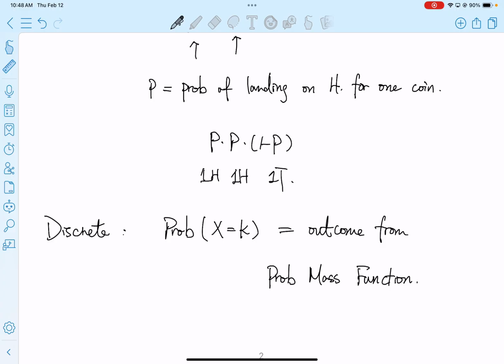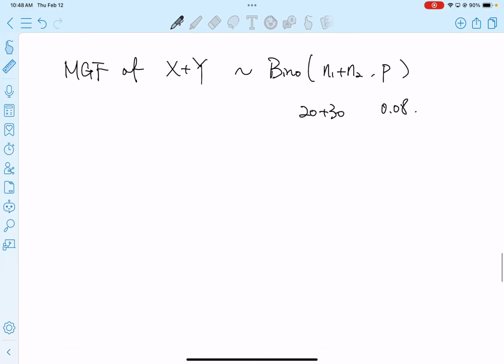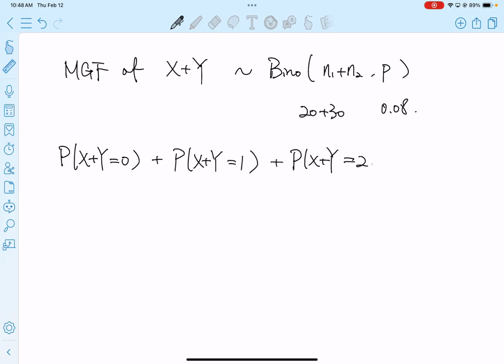So maybe you can continue this question. Once we identify this is the binomial of 50 and 0.08, to answer that you need the probability of x plus y equal to 0, plus the probability of x plus y equal to 1, plus the probability of x plus y equal to 2.